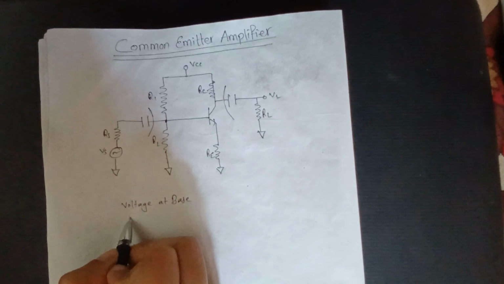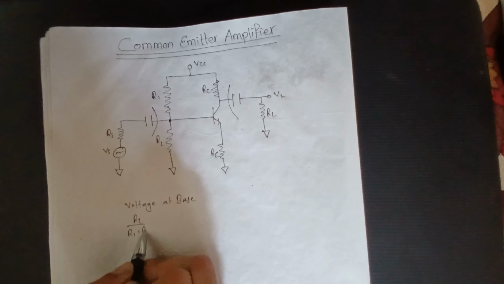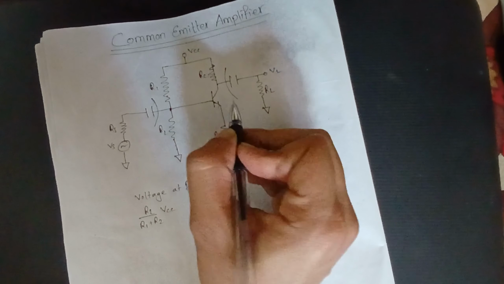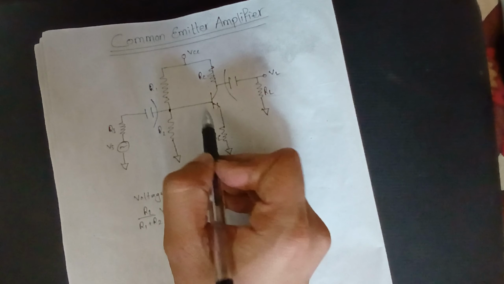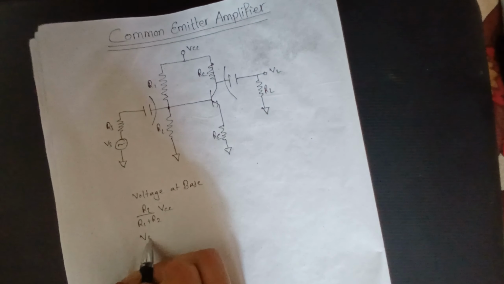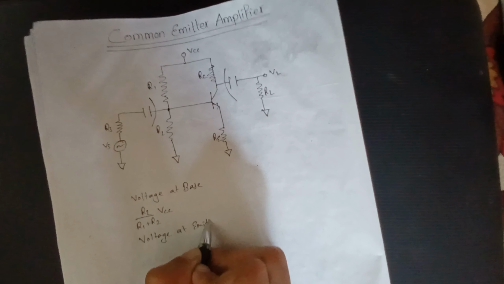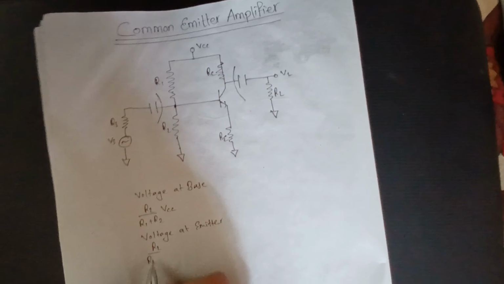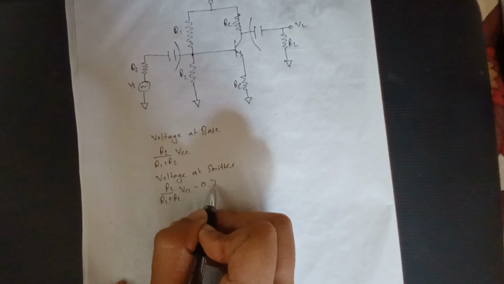It's simply the divided voltage, R2 by R1 plus R2 times VCC, right? We know that transistors have a PN junction, so the base-emitter potential drop is 0.7. So voltage at the emitter at this point of the circuit is R2 by R1 plus R2 times VCC minus 0.7.